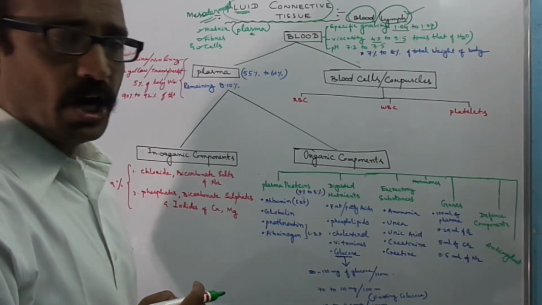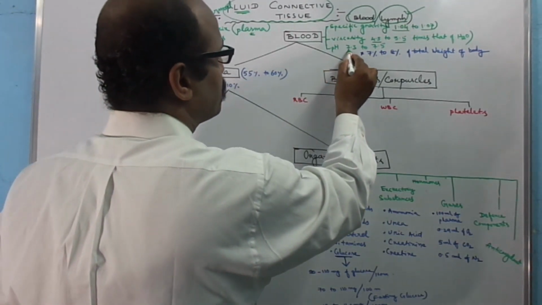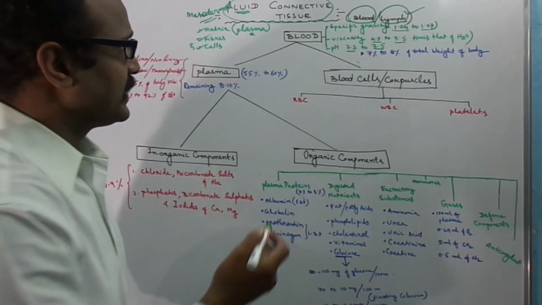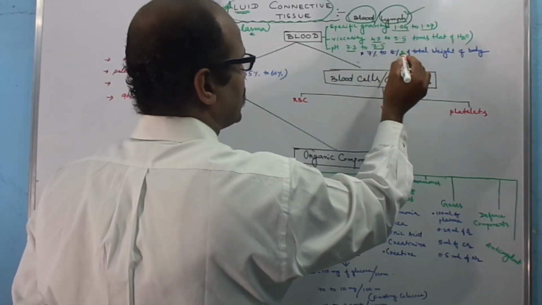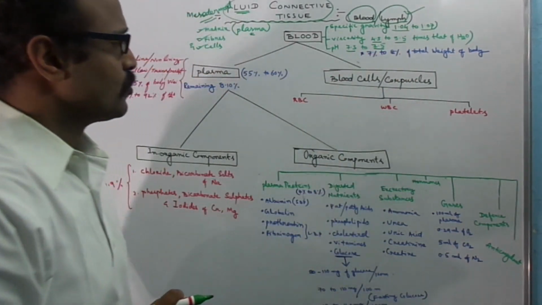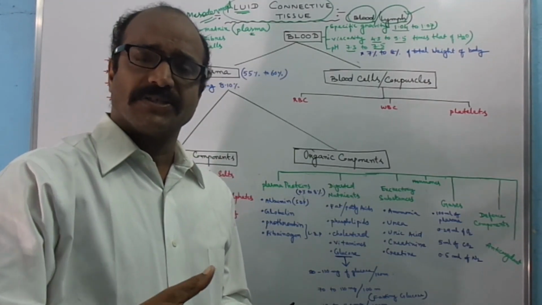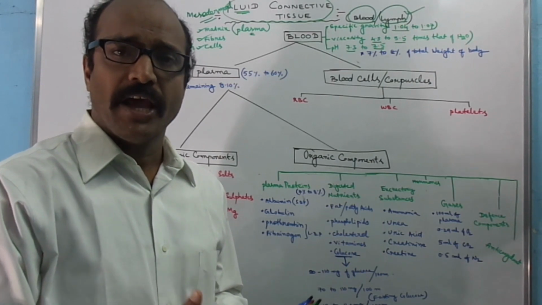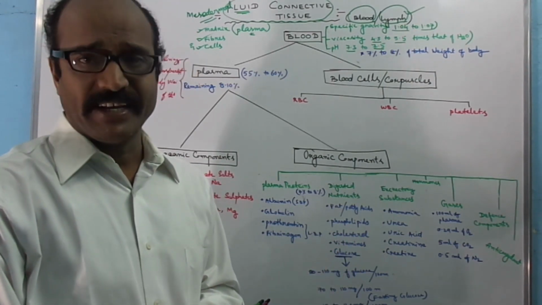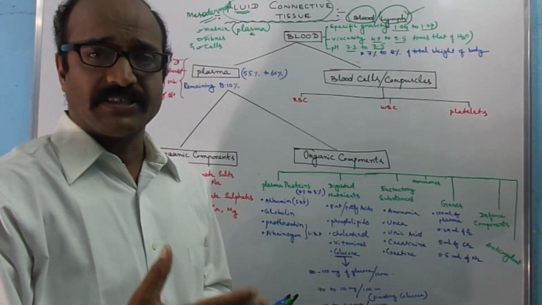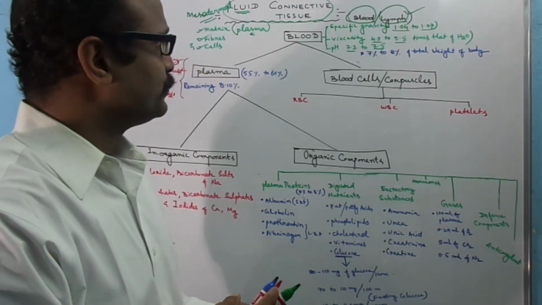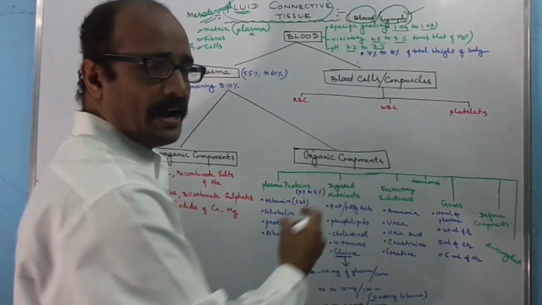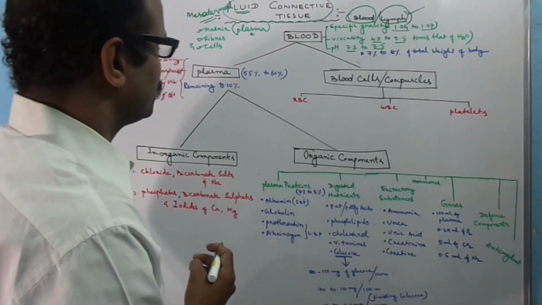And the pH of blood is 7.3 to 7.5, or you can say the pH of blood is 7.4. Blood is 7% to 8% of the total body weight. If a human body weighs 70 kg, it has 5 to 5.5 liters of blood.